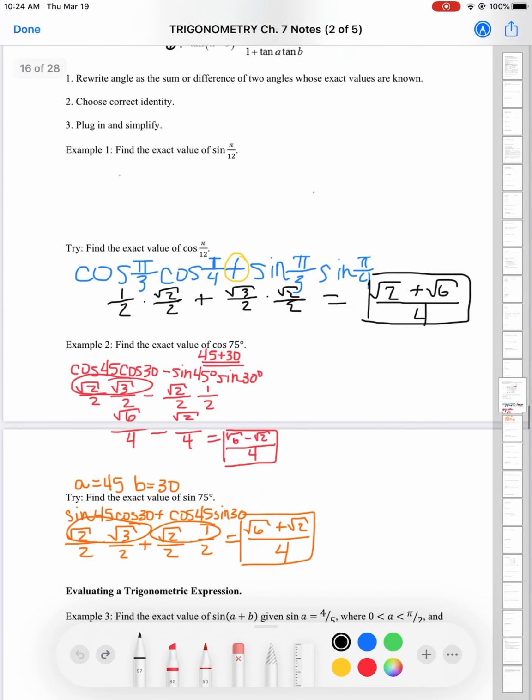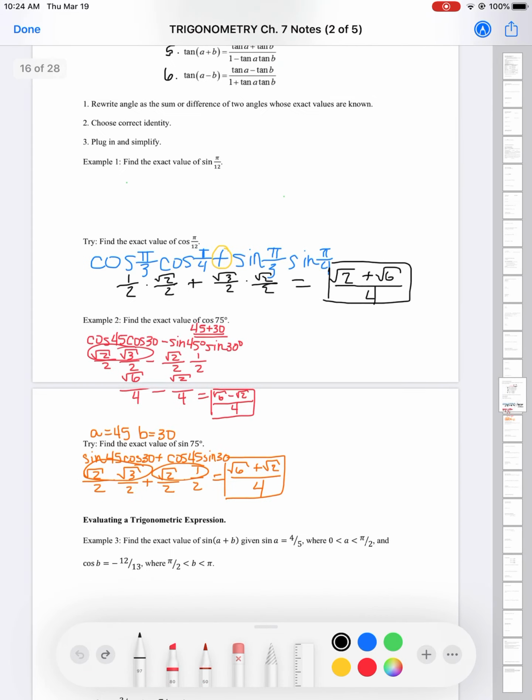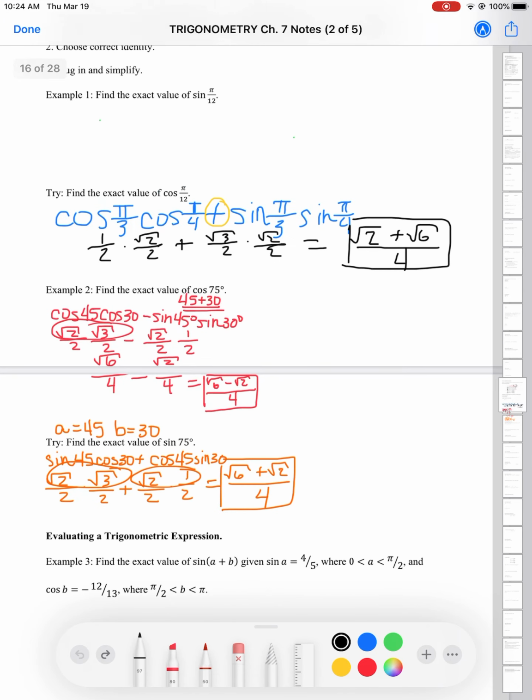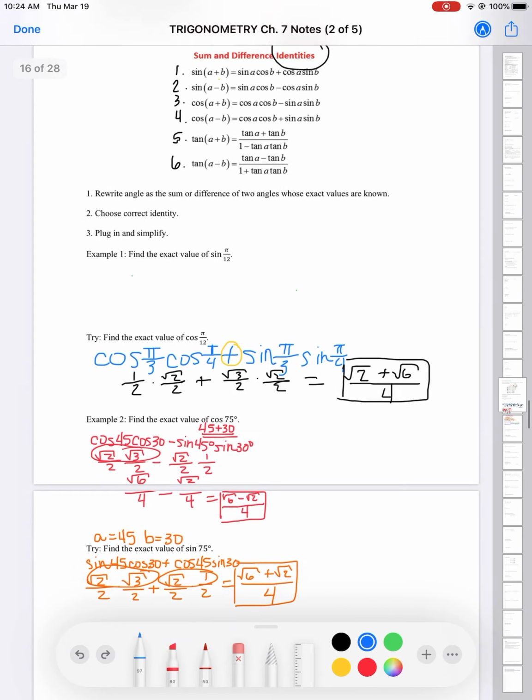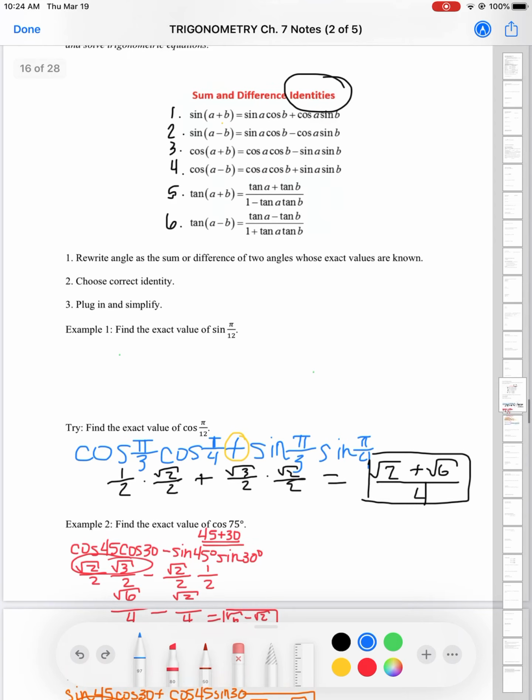So we're going to be on this one, example 3. Find the exact value of sine A plus B given this stuff right here. Well, sine A plus B, we're going to be using number 1.